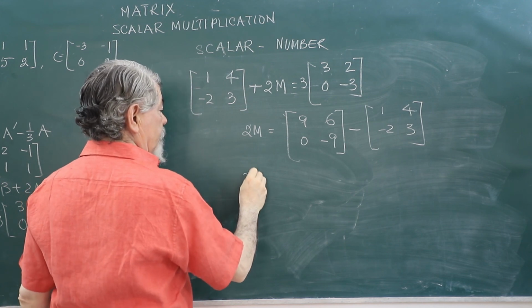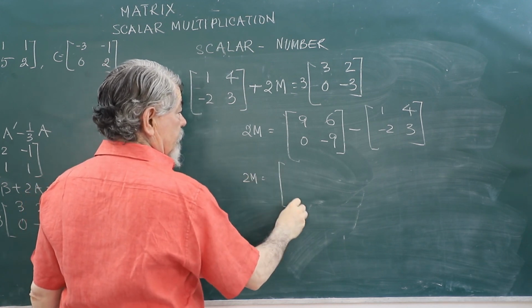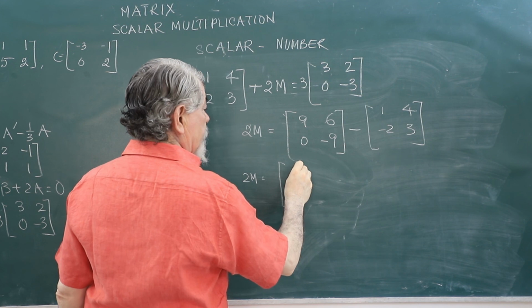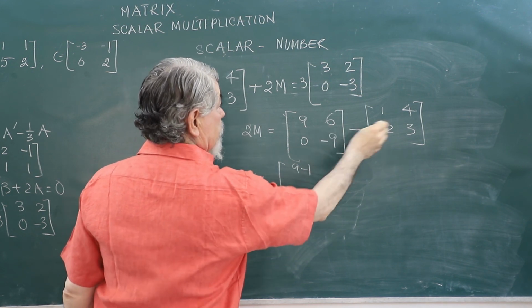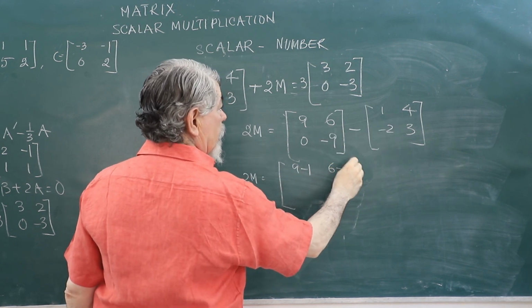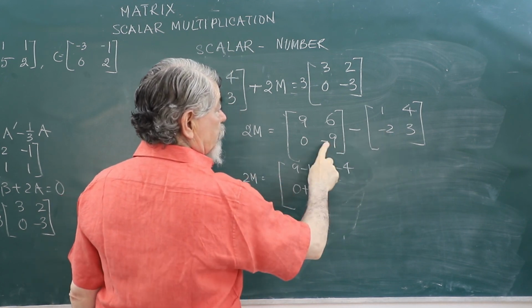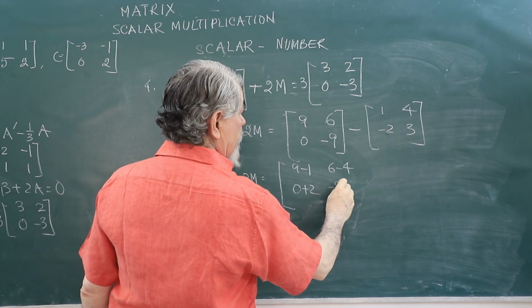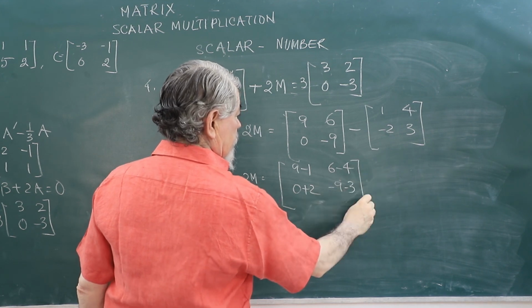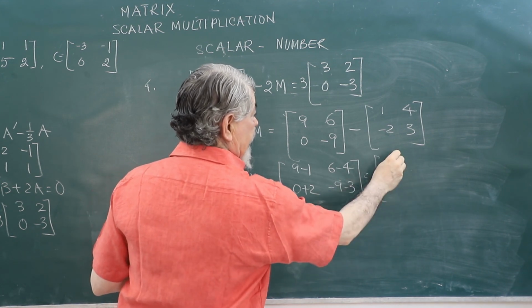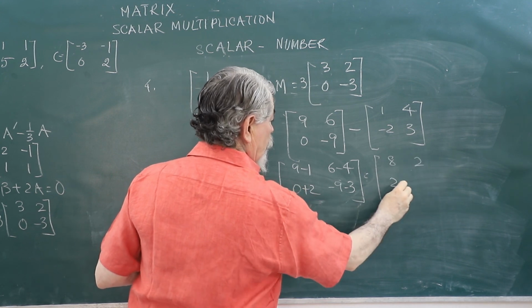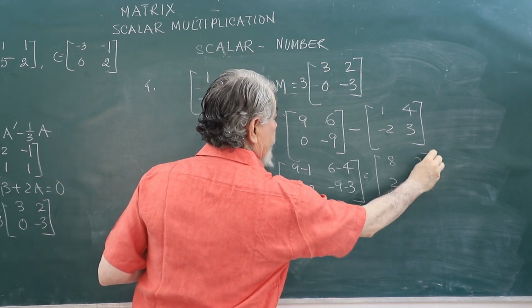So 2M will be 9 minus 1, 6 minus 4, 0 plus 2, minus 9 minus 3. That means we would have got [8, 2; 2, -12].